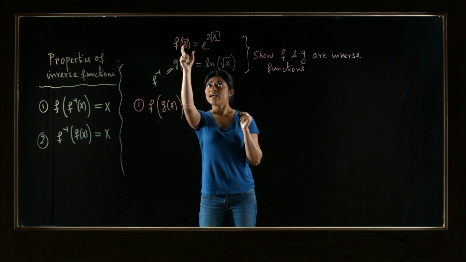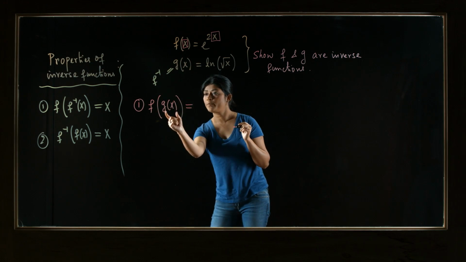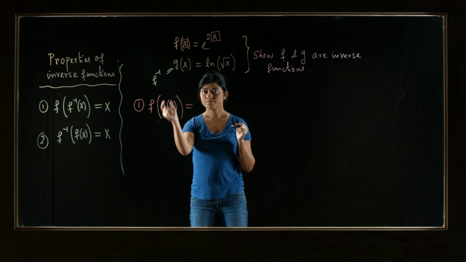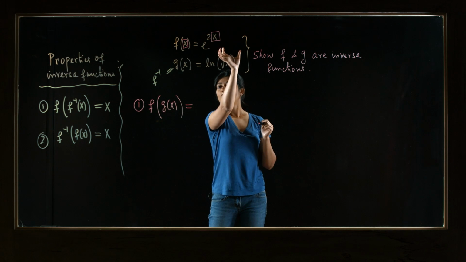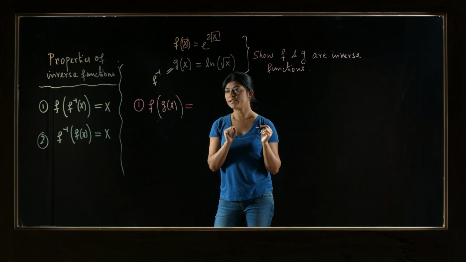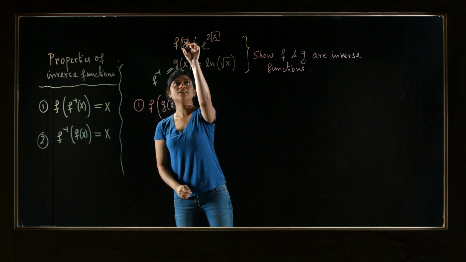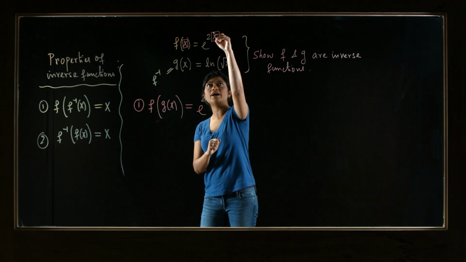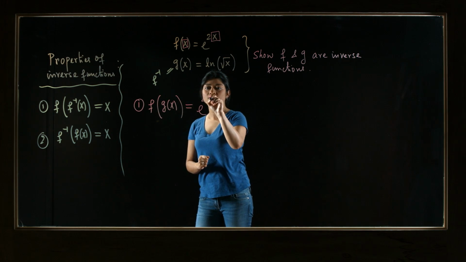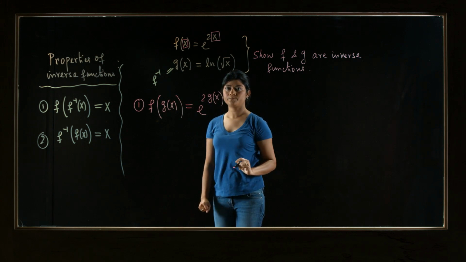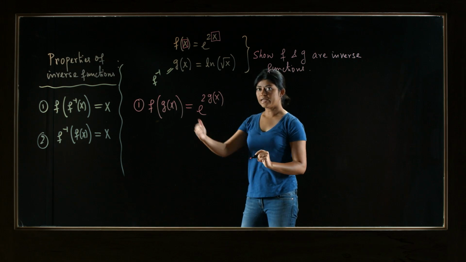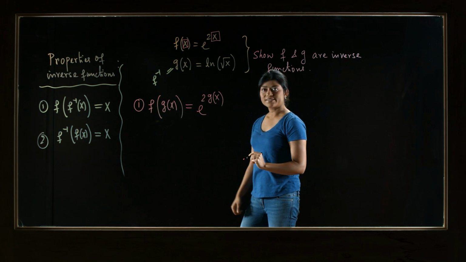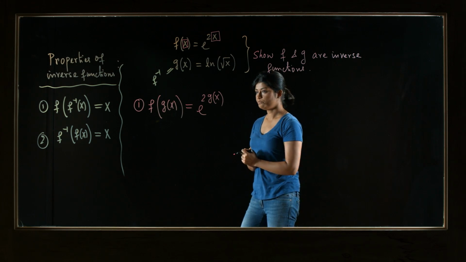Now in that box, instead of x, you're plugging in g of x. So you will get e to the power 2 times g of x. That's how we evaluate a function at some point or some expression.